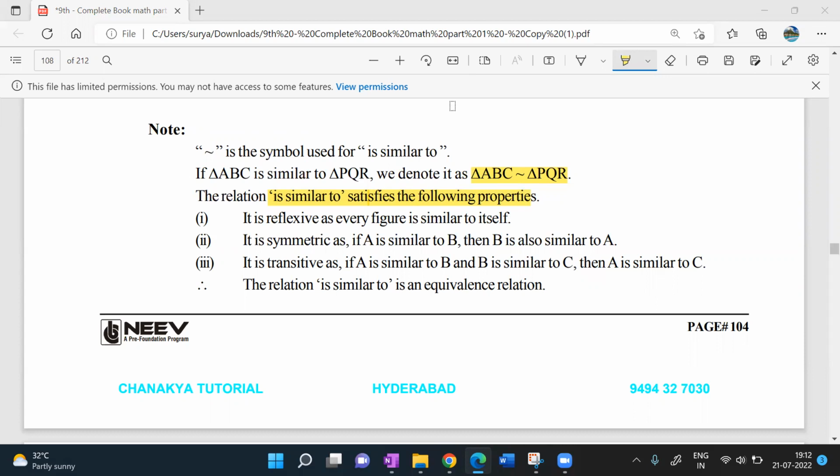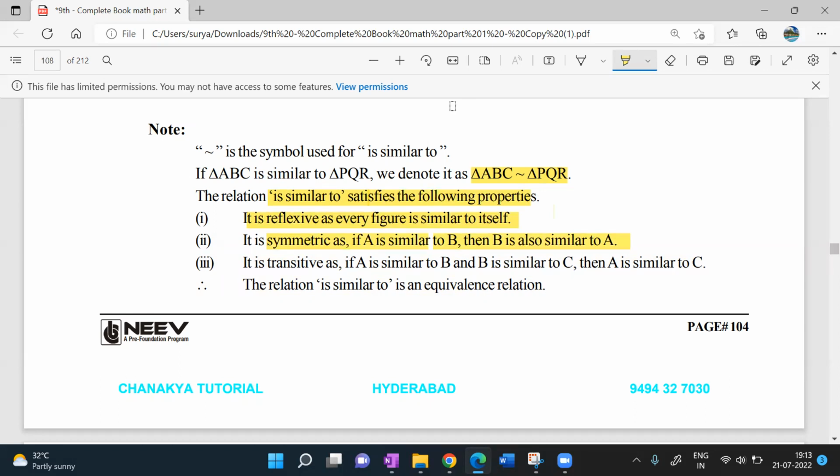It is reflexive as every figure is similar to itself. It is symmetric as, if A is similar to B, then B is similar to A. Reflexive is nothing but every figure is similar to itself.